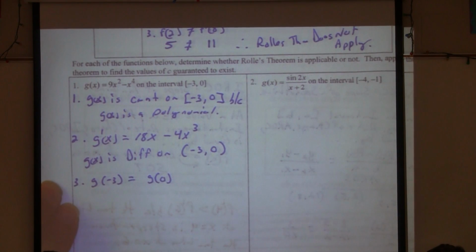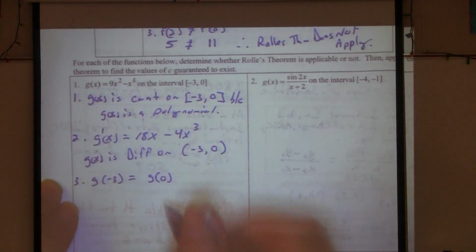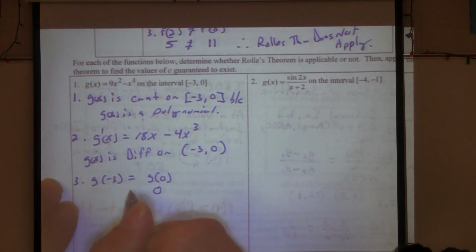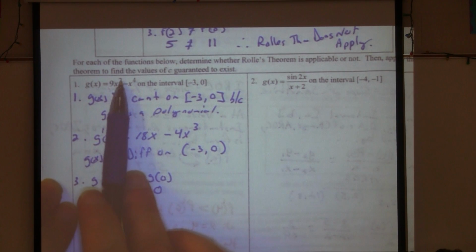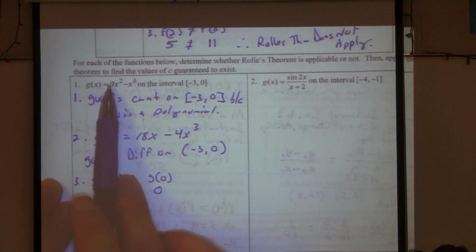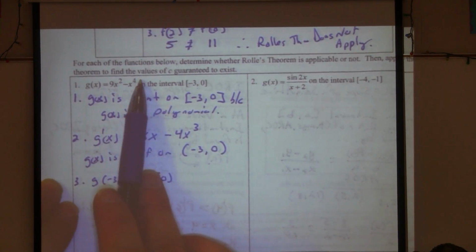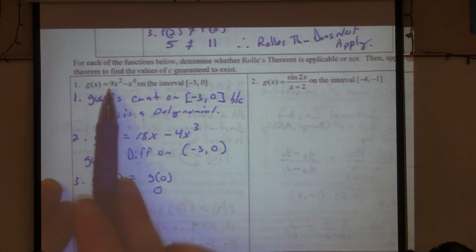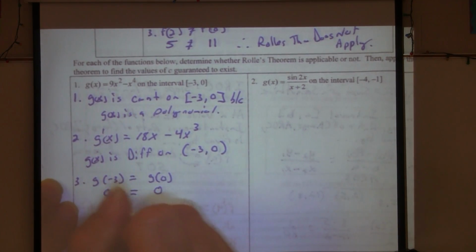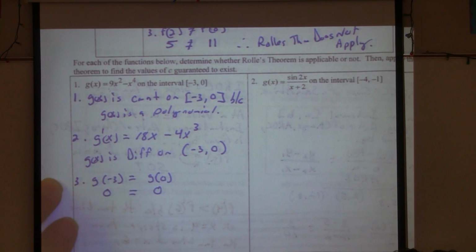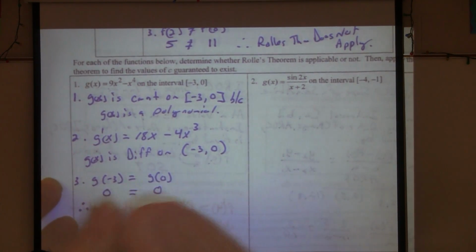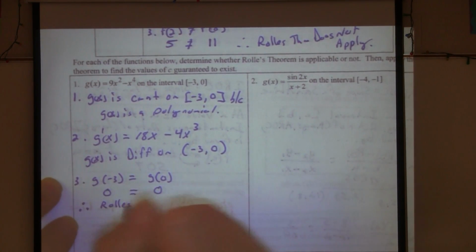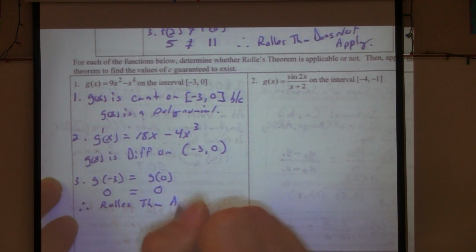Plug in 0, what do you get? 0 minus 0 is 0. And then plug in -3. -3 squared is 9, times 9 is 81. -3 to the 4th is 81. So 81 minus 81 is 0. So is that good? Alright, so therefore we can say Rolle's theorem applies.